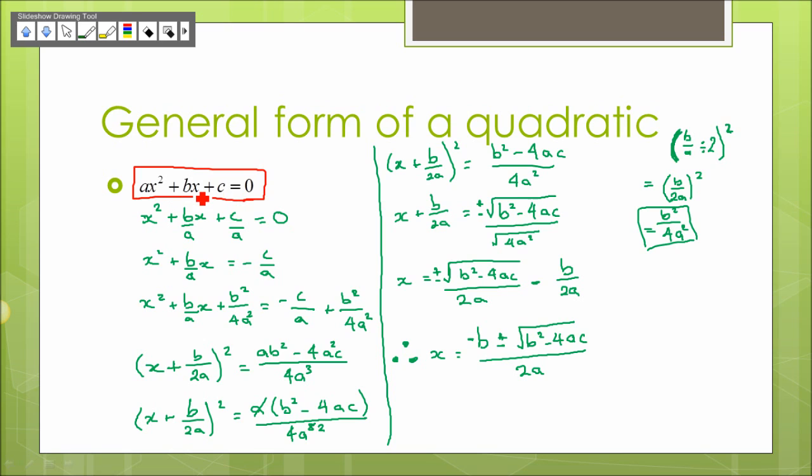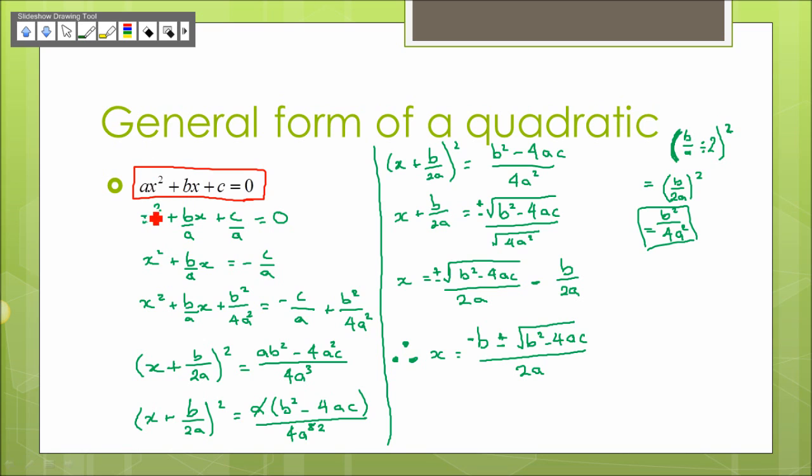For the previous exercise, we learnt that if you can't factorize a question normally to solve it, then we can solve it using the completing the square method.